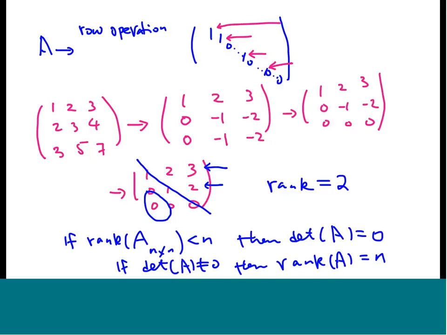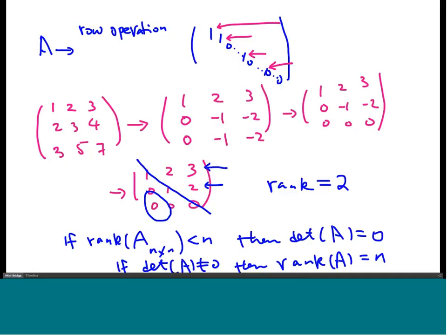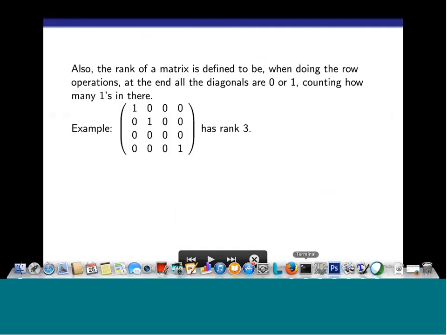Only n by n matrices have determinants, but you can talk about rank for any matrix. For example, this matrix has rank 3. Actually, this is not exactly true, so I have to change the slide. It's not always possible to get an upper triangle.